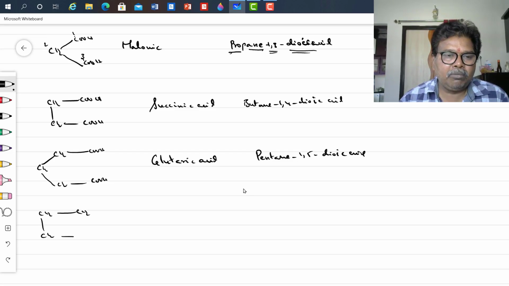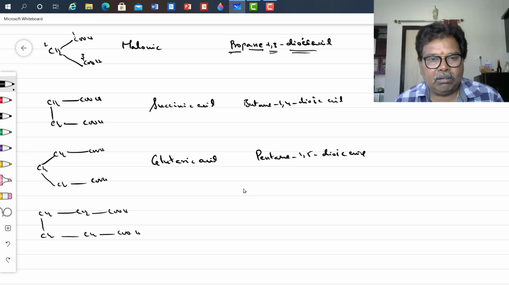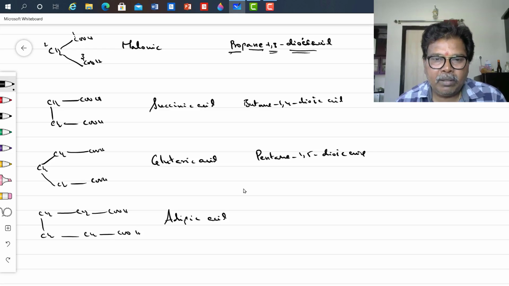I am increasing one more carbon atom here: COOH COOH. This is called adipic acid. So it is hexane 1,6 dioic acid.